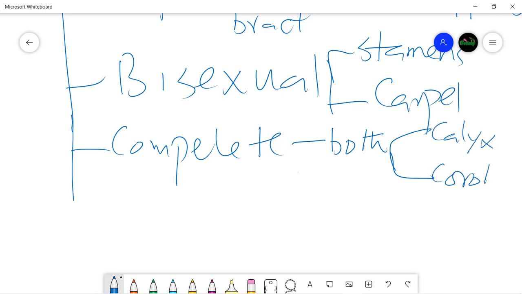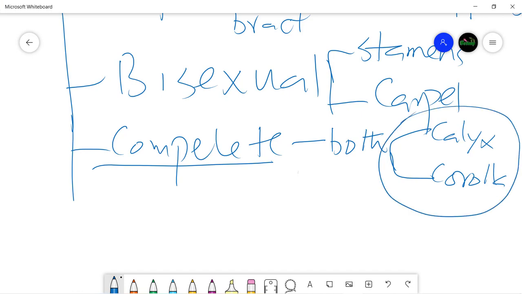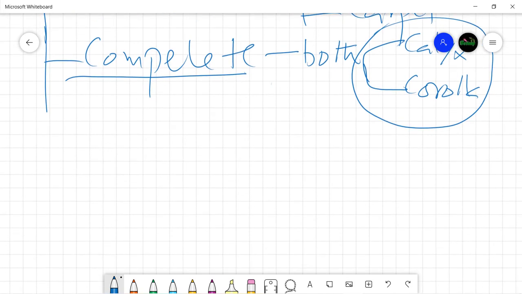Both calyx and corolla are present, so it is complete. Complete is usually referred to in terms of calyx and corolla, although in one of the previous videos I told you that all the floral parts are present, but actually this term complete refers mostly to calyx and corolla. When both are present, the flower is said to be complete.